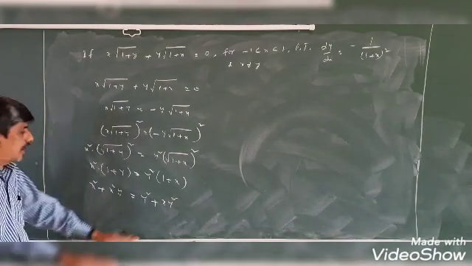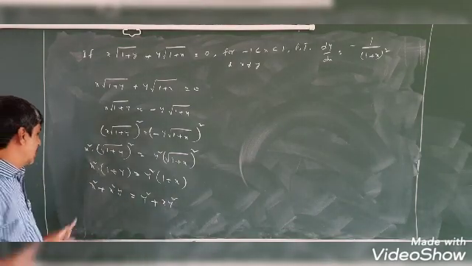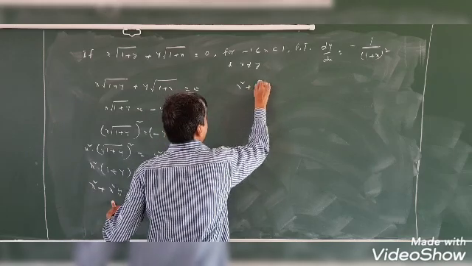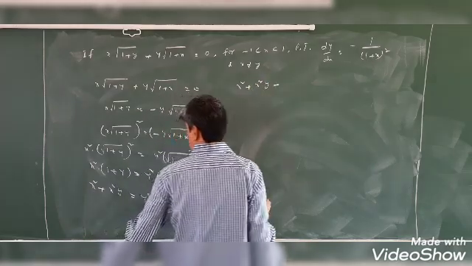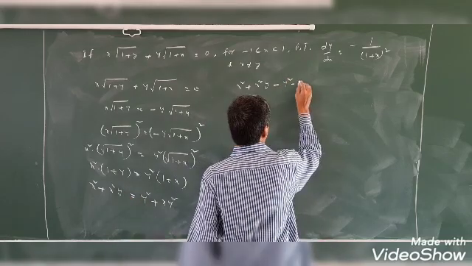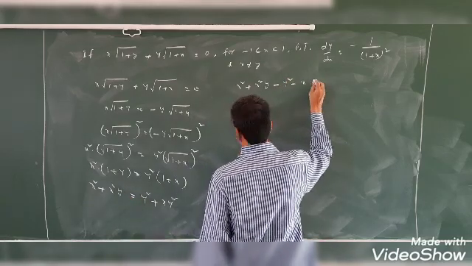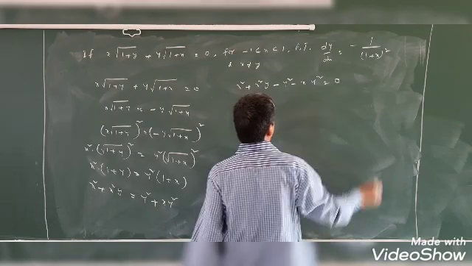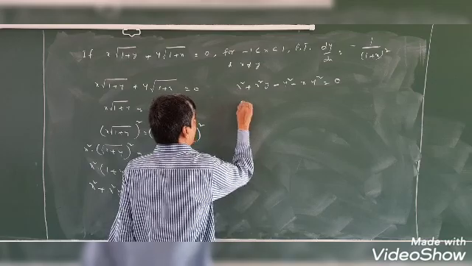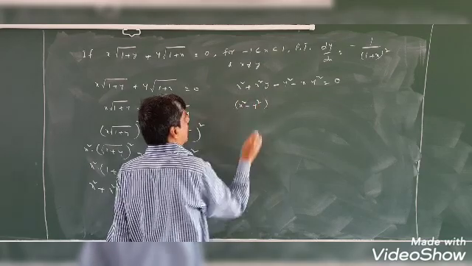Then collect all the terms on one side. So here this is x square plus x square y. This y square shift to the other side, minus y square, and plus xy square is also shifted to the other side, minus xy square is equal to 0. Now take x square minus y square in one bracket.